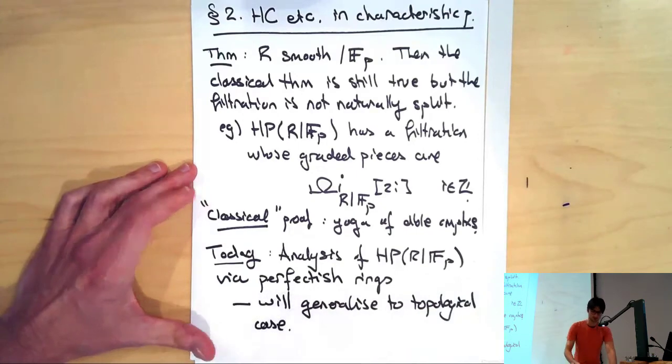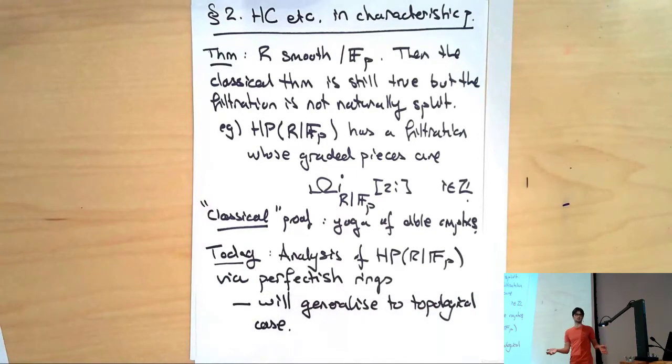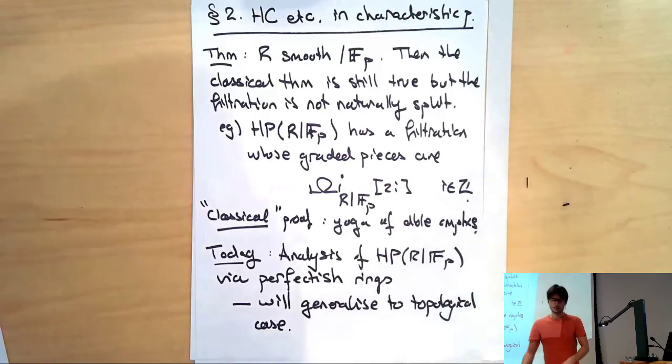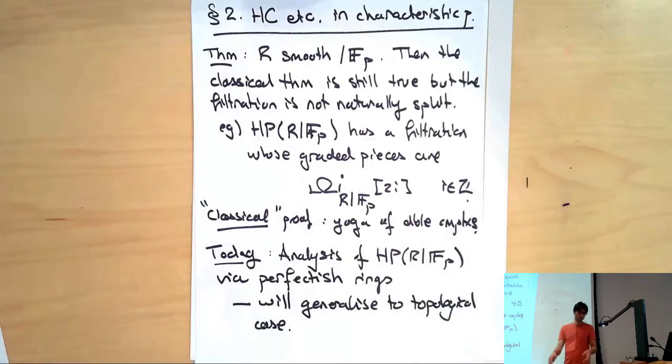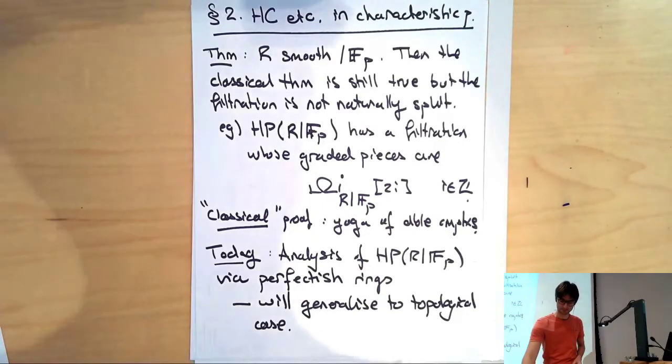Next time I'll start discussing topological Hochschild homology, and then we won't be able to write down explicit double complexes representing things. We'll just have some abstract construction of these theories, and there also we'll want some tools to analyze these theories. So I want to introduce, in this slightly nicer context of classical cyclic homology and periodic cyclic homology, where we can at least write down explicitly what's going on, these sorts of tools that we'll really crucially have to use once we pass to the topological theory.